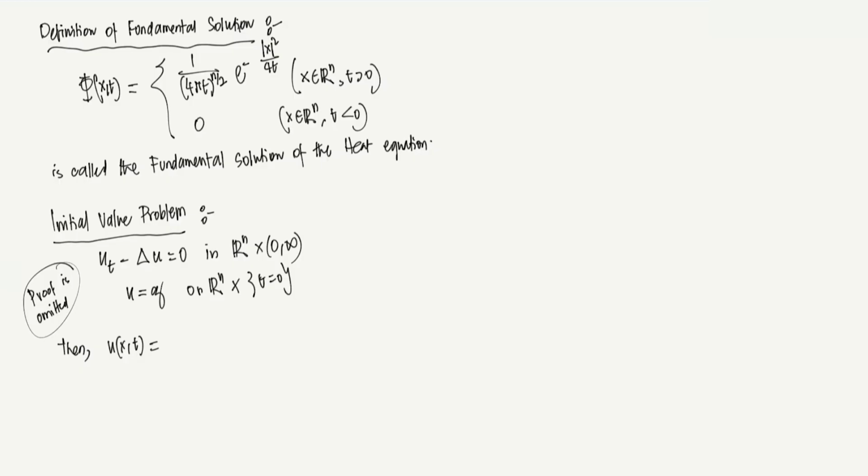I will show you a different method of explicitly solving it, but why is the fundamental solution important? Because we can do this. You see, u of x,t can be written like this: integral over Rn of phi of (x minus y, t) times g of y dy. If you know convolution, we are basically doing something along the same line. We are taking g of y into account, and that will be your solution here.